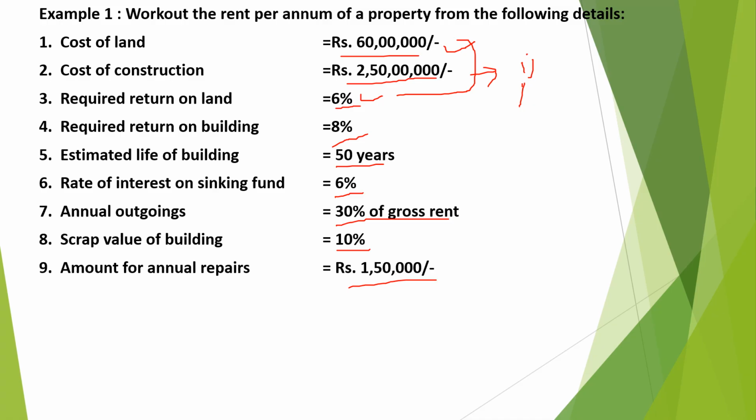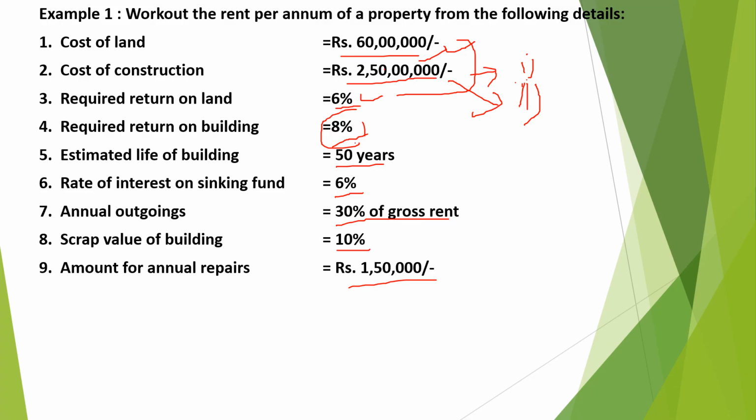Second thing, you will calculate the cost of building. Cost of construction is 2 crore 50 lakh, and on this you have to earn a return of 8%. So you will calculate the return from the building by using these two, cost of construction and required rate of return.